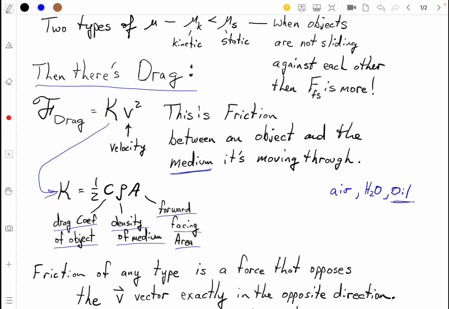Forward-facing means the area that is subtended as the thing is moving in this direction. So you're moving with some velocity through the medium, and maybe it's a billboard or the front of a Mack truck. So it looks like this.